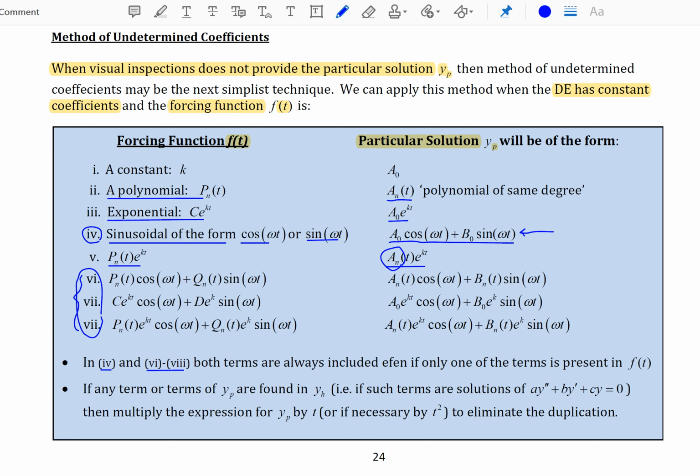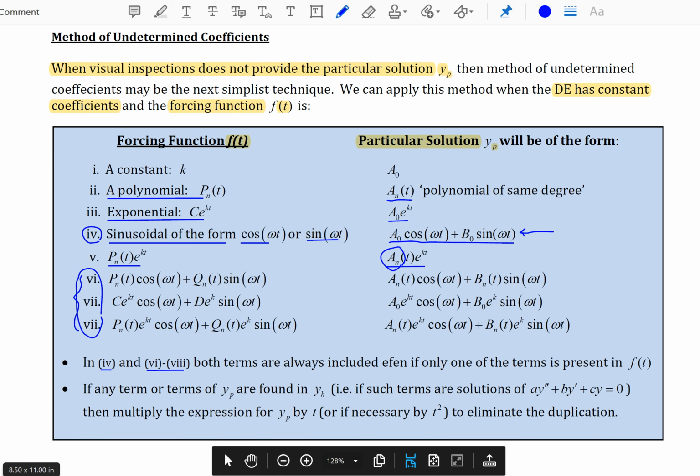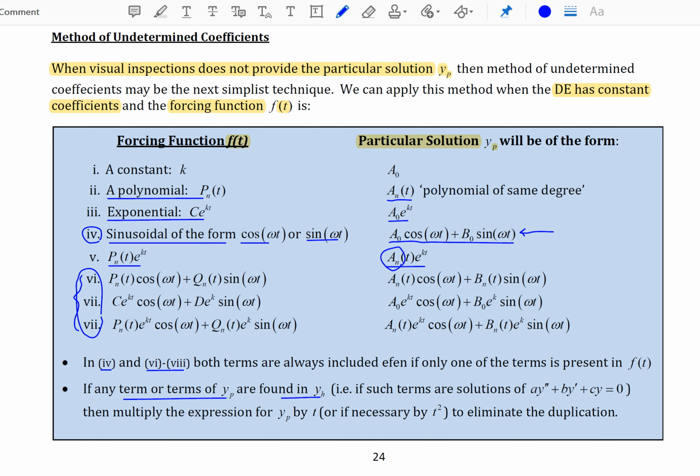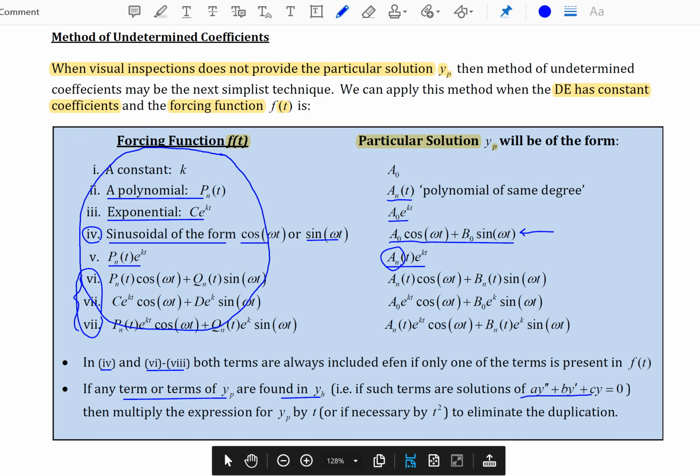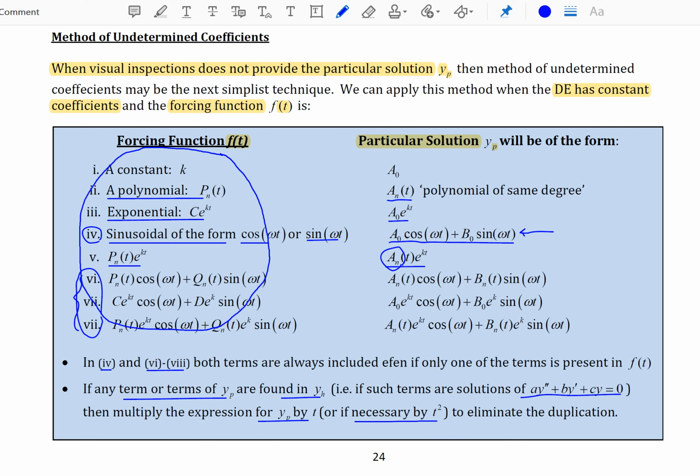We will always do that. And then lastly, if any of the terms in yp are found in yh, i.e. if one of these forcing functions is a duplication of a homogeneous solution, then we will multiply yp by t, or if necessary, t squared, to eliminate the duplication. Of course, I'd like to show you this in some examples, so let's get started right away with that.